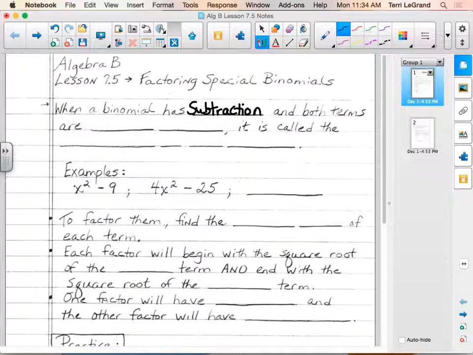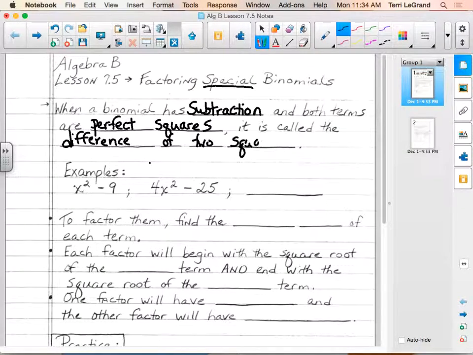And both terms are what we call perfect squares. So if we have subtraction and both the terms of the binomial are perfect squares, then we say, this is one of those special binomials called the difference of two squares.